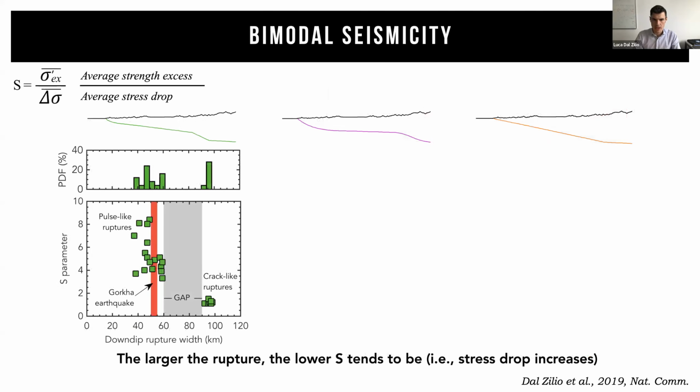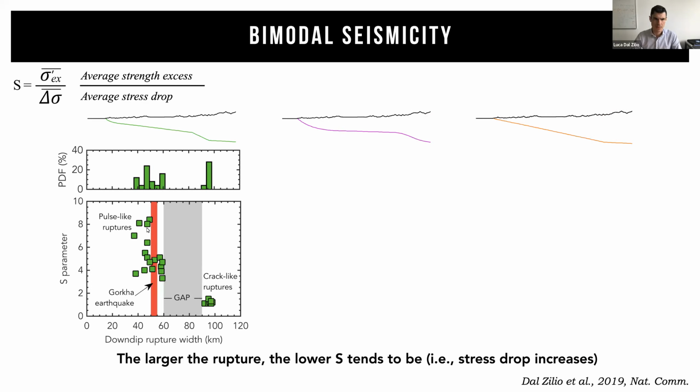Before, I was talking about this bimodal distribution between partial and complete rupture. The best way to represent this separation between a partial and complete rupture is by looking at what we call the S parameter. The S parameter represents the ratio between the average strength excess, which is this gray region that you have seen before between the black and the red line, and the stress drop caused by the earthquake.